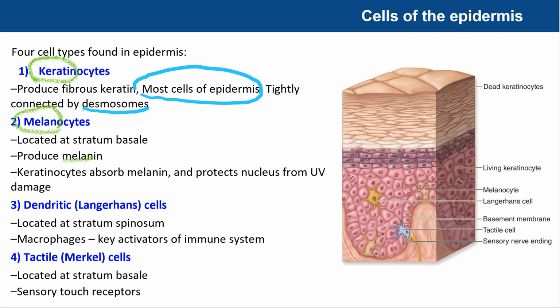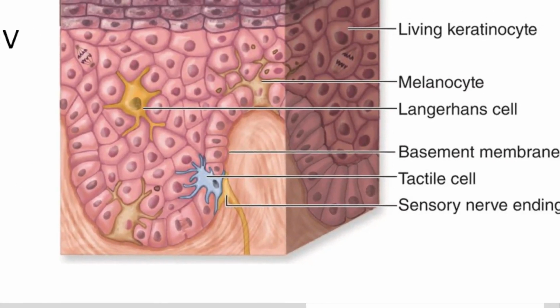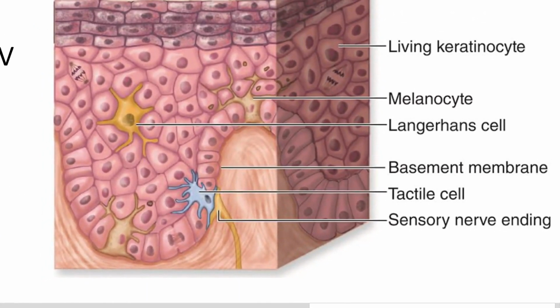Let me just magnify this picture. You can find the melanocyte here. This is our melanocyte. It's going to produce melanin. Then the keratinocyte is going to absorb the melanin, and then we're going to have melanin in the cytoplasm of the keratinocyte.